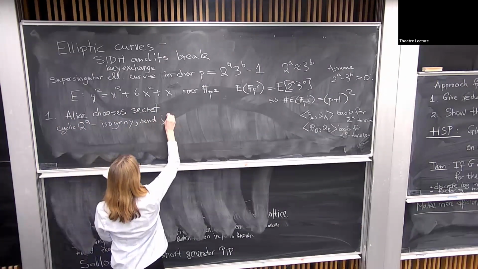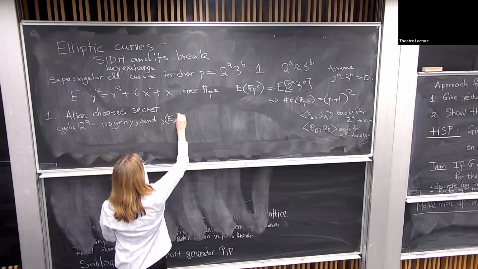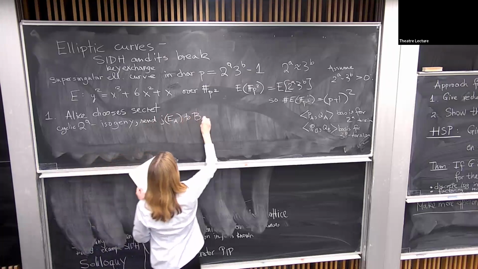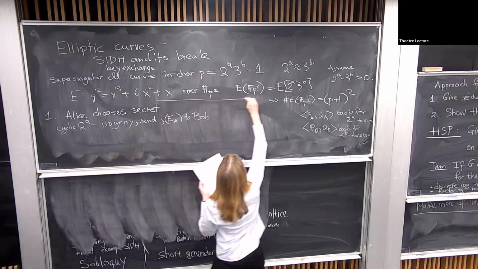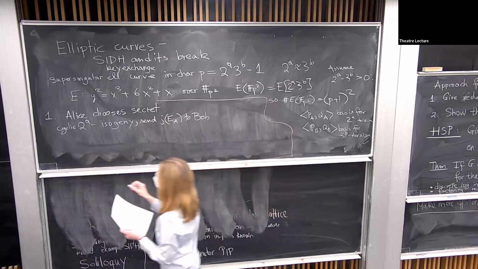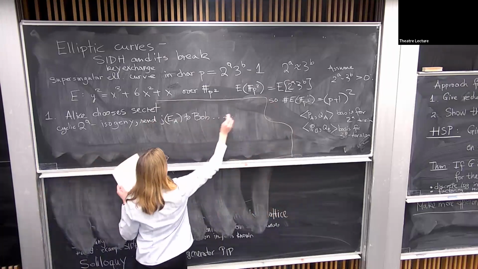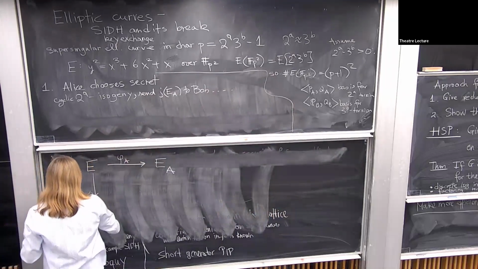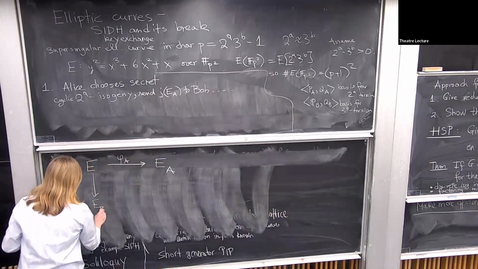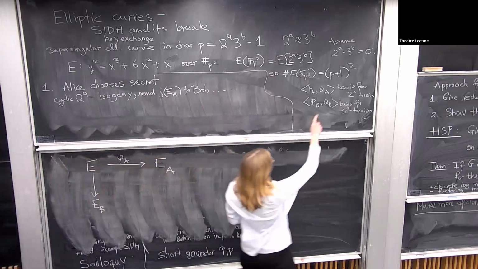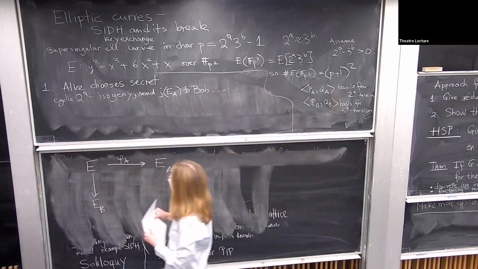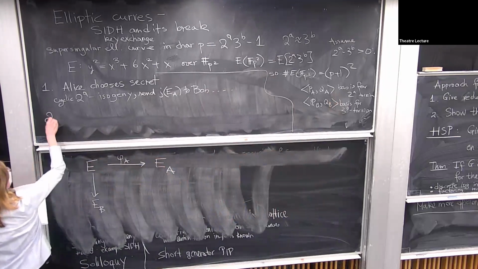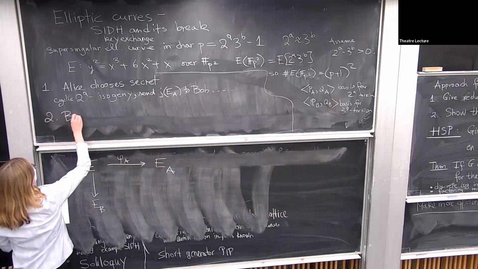And she sends the j-invariant to Bob, and there's going to be something else. Bob does the same thing. That's why the points for the 2 torsion have subscript A, and the 3 torsion have subscript B.